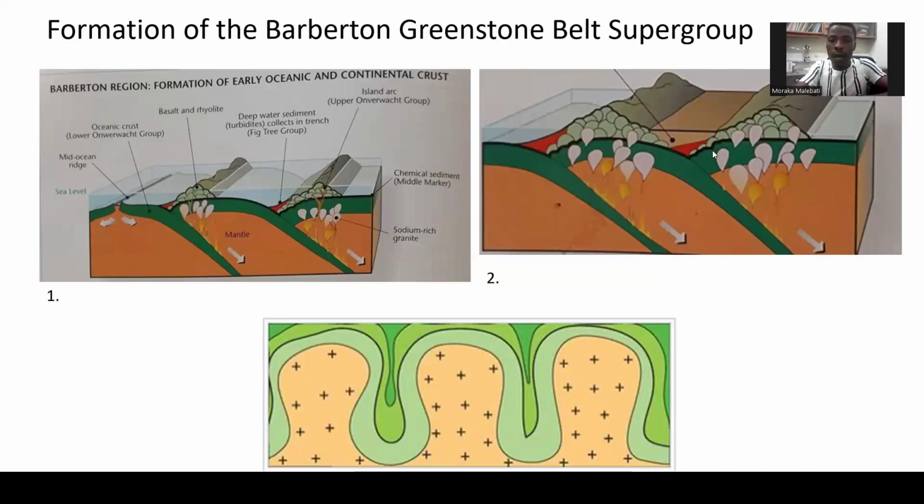But now, notice something in this picture. Between these island arcs, we were having water here. But now, look at picture 2. We're no longer having water. I was always explaining to people that if you don't want to forget this Moodies Group, just say Moodies, moods.